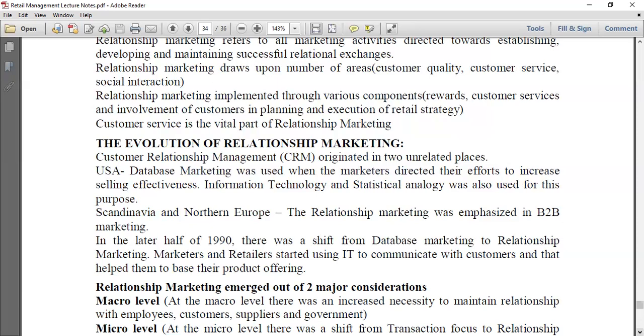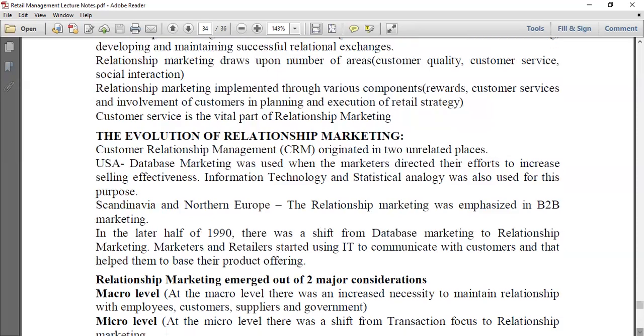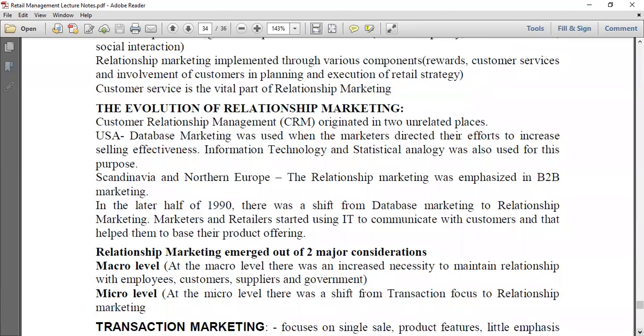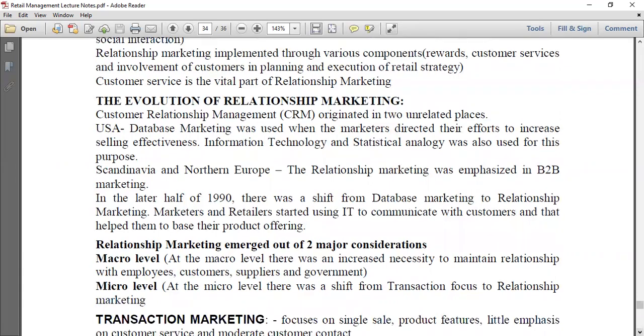So much is happening. Relationship marketing emerged out of two considerations. At the macro level, there was an increased necessity to maintain relationships with employees, customers, suppliers, and government, because we are no longer seller driven, it's no longer monopolistic. Now it has become a necessity and mandatory also. At the micro level, there's a shift from transaction focus to relationship marketing.